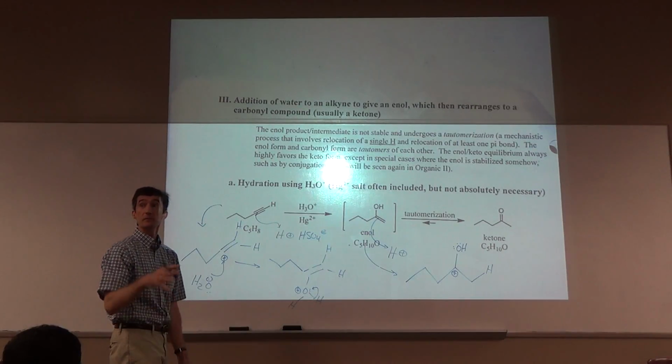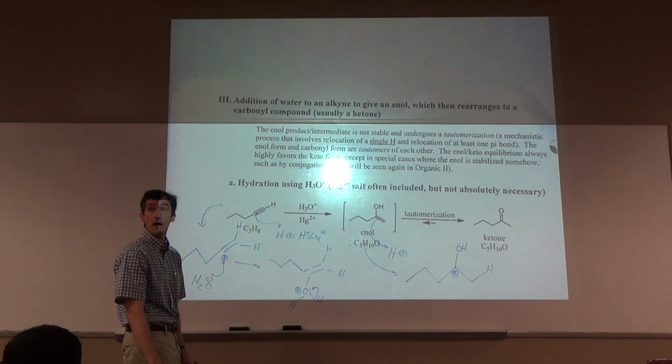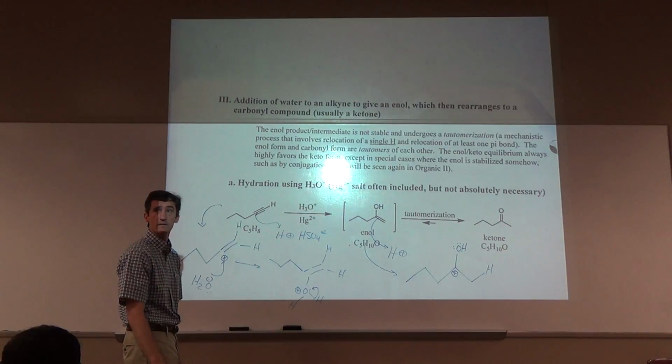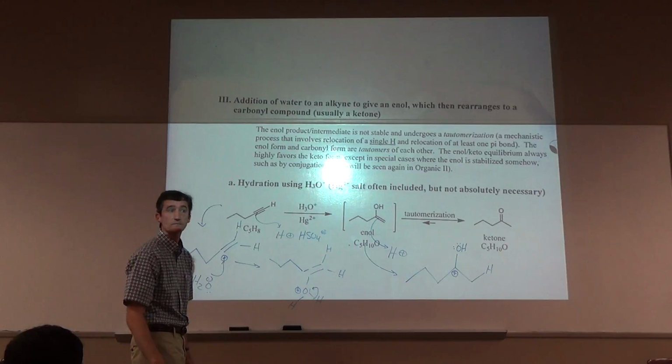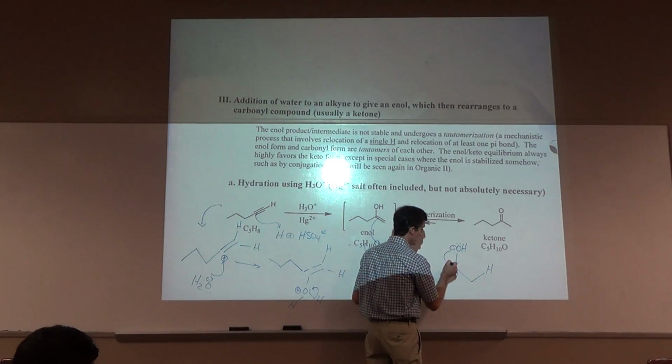You're looking on the previous page? Yeah. Good. That's a good place to look. Delocalize the charge. Delocalize the charge by doing a process called, anybody? Resonance. These electrons move down.